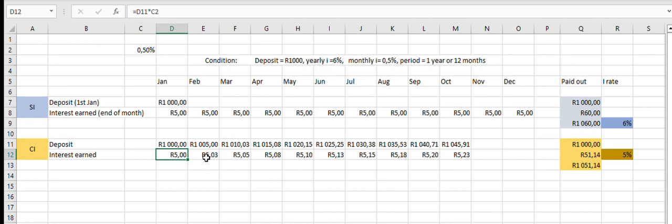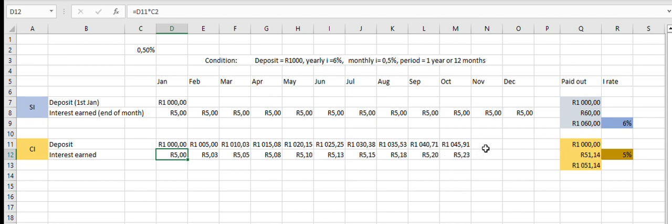Now, I'm going to quickly take you back to the last two columns. So how do I work out my capital in November, knowing that I had a capital of 1,045 rand and 91 cents in October, and I have earned for that an interest of 5,23 rand?